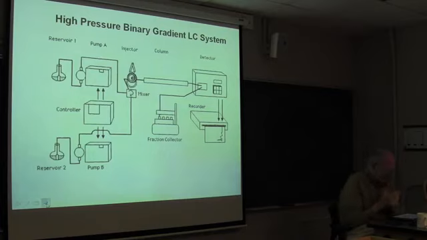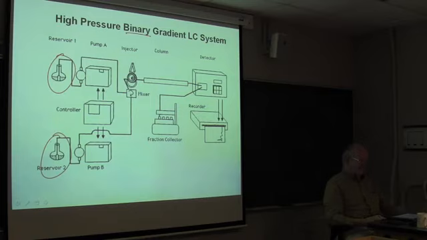Here's a gradient instrument, and this is called a binary gradient because there's this solvent and there's that solvent. So we've got two solvents. So it's kind of limited because you can only mix two solvents.